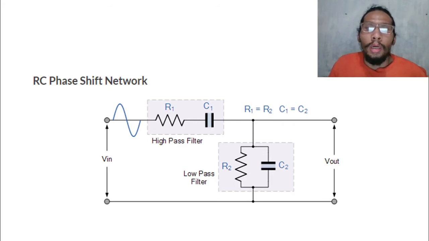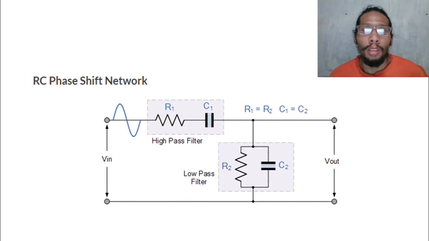First, I need to compute the values of R1 and C1, and because R1 and R2 are equal and C1 is equal to C2, this means that the network will have a zero phase shift angle.